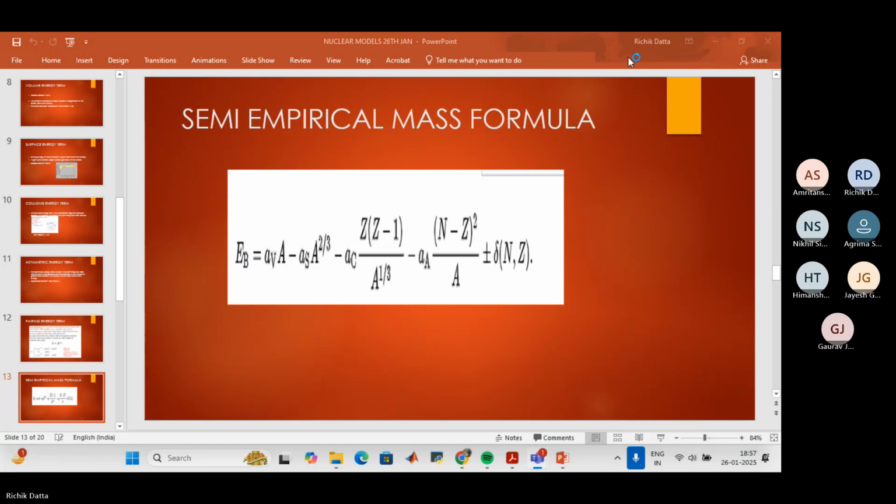In quantum mechanics there are many quantum numbers: principal quantum number, azimuthal quantum number, magnetic quantum number, spin quantum number.